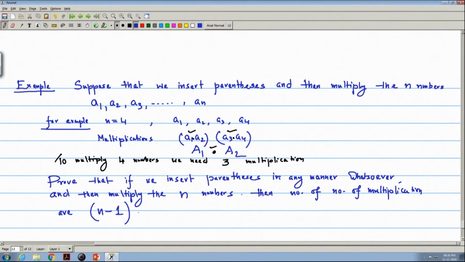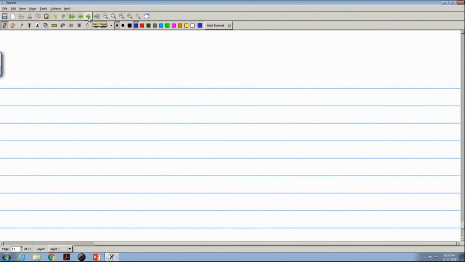That means to multiply A1 into A2 into A3 up to An, we have to perform n minus 1 multiplications, if we insert parenthesis and multiply two numbers at a time. Now, we see the proof.